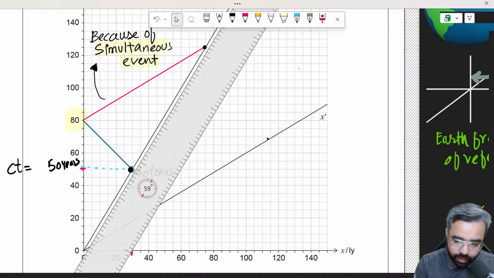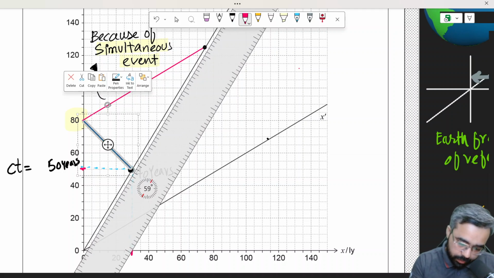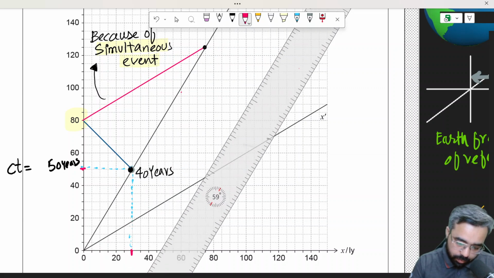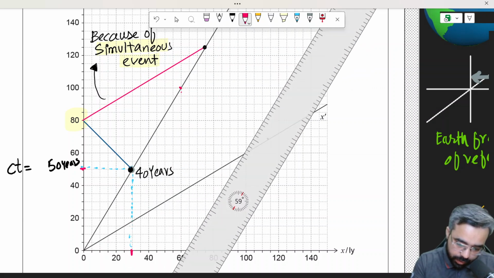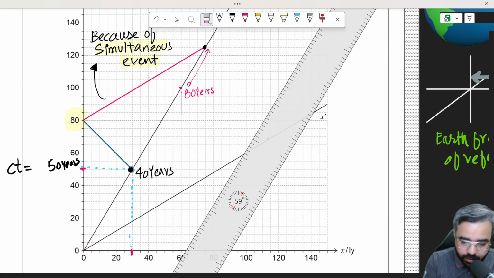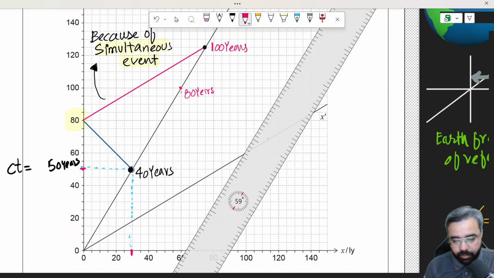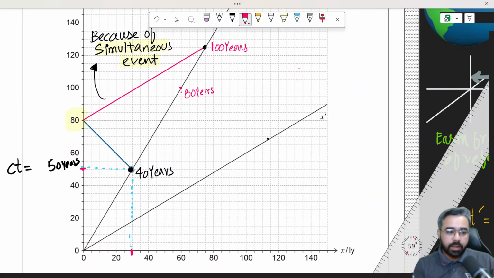So this point is 80 years on ct prime, and 20 more years, so this point will become 100 years. I hope you understand: 40 plus 40 plus 20, 100 years. So when the light signal reached back to the Earth, according to the Earth observer it took 80 years. But according to the observer in the spaceship, the total time is 100 years.